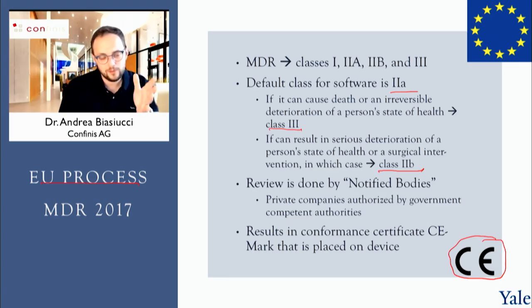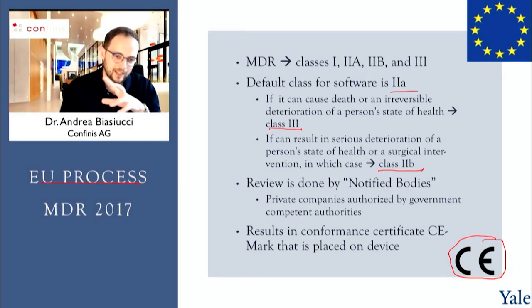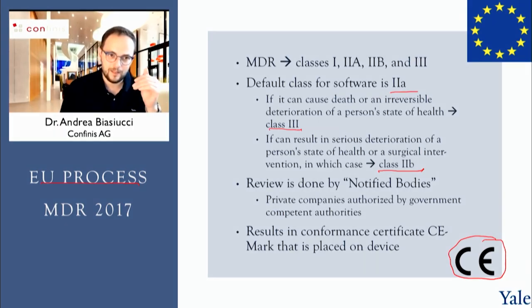For class 2A, class 2B, and class 3 devices, which are the other classes of the devices, plus some special class 1 devices that have some special functions like measuring, sterile surgical instruments and reusable instruments, you need to ask a notified body to check the technical documentation for you and release a CE mark for you. That's how it works. So you don't interact with the authorities at this stage. When you submit your dossier, you start to interact with the authorities at the post-market level or if there is a problem on the market.